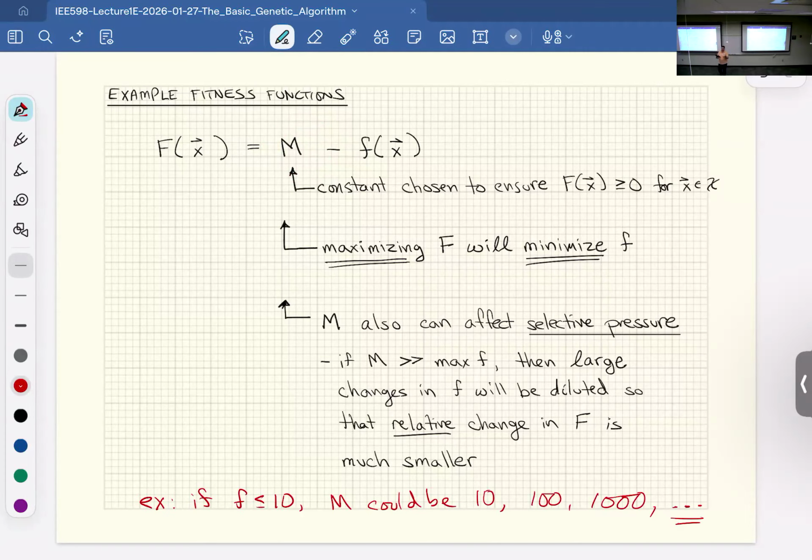So can anybody think, what do you think is the impact of choosing an M that is far larger than it needs to be to make sure that the fitness function is non-negative? How does that affect how different individuals compare to each other?